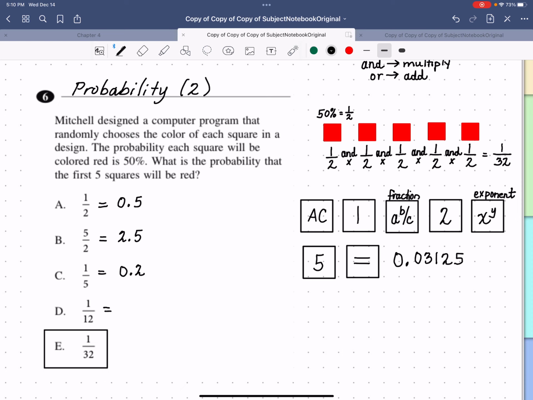And 1 divided by 12 is not very pretty. And then 1 divided by 32 is, look at that. So if you use the calculator, you will have to match up your decimal possibly. If you do it by hand, you'll get that fraction as it is.